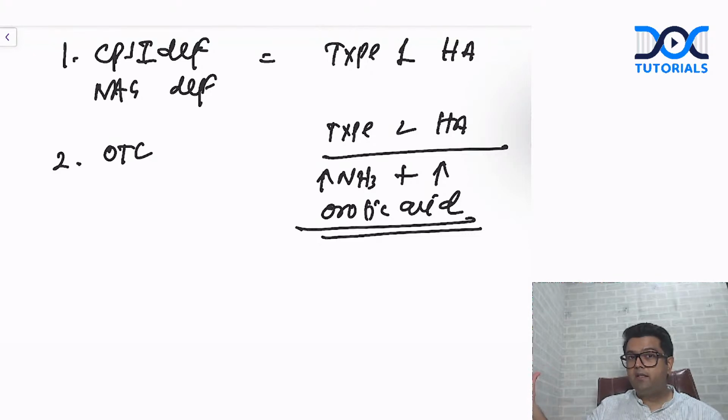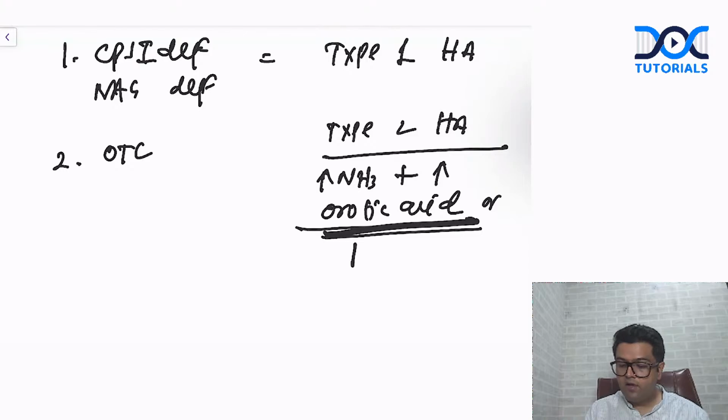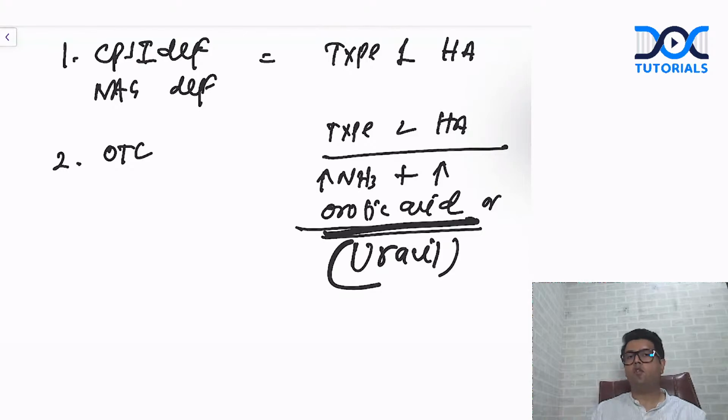But if ready-made carbamyl phosphate from the urea cycle, which is now deficient, goes to the pyrimidine synthesis, it will start, and this will make orotic acid. And this orotic acid may convert into uracil, not always.